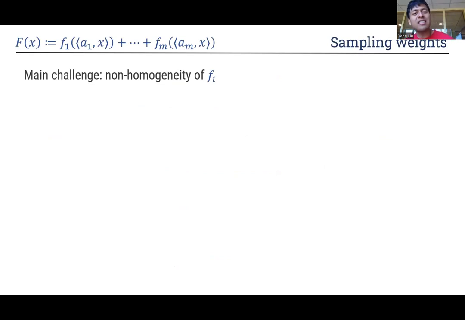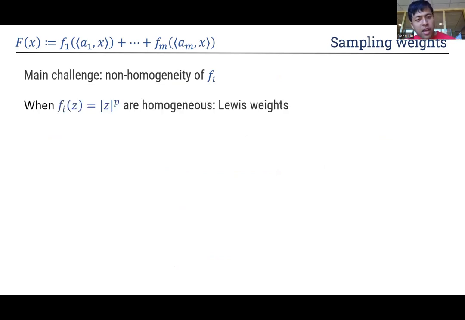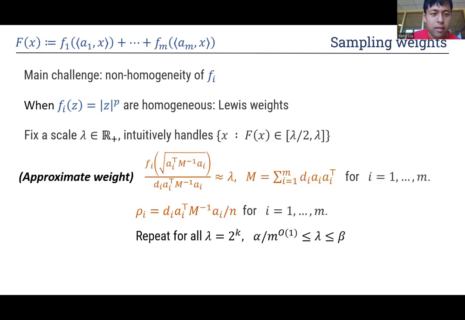To construct these sampling probabilities, the main challenge is the non-homogeneity of the f_i. This is because when the f_i are homogeneous, there's a known sampling probability called the Lewis weight that works very well. Now, because our function is non-homogeneous, we're not able to use Lewis weights.